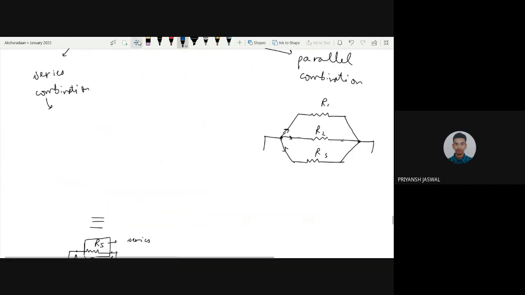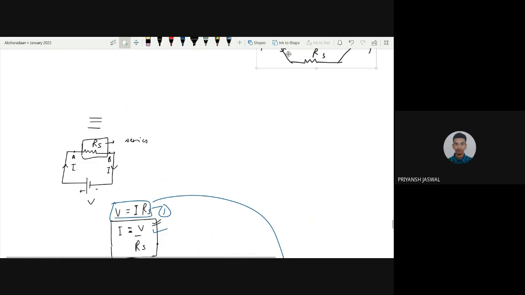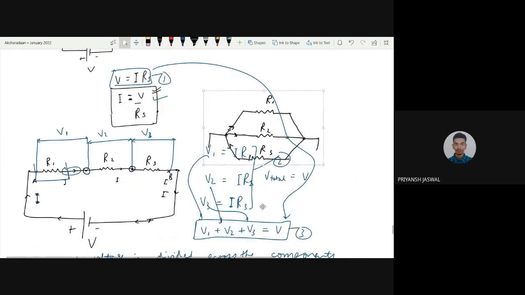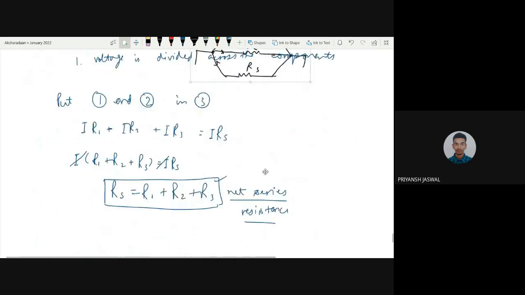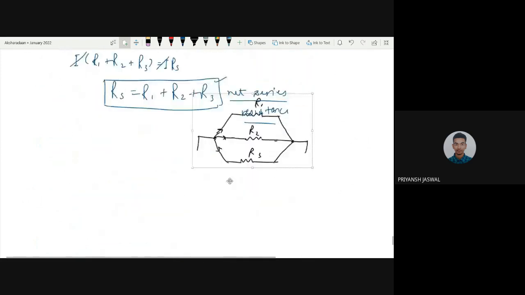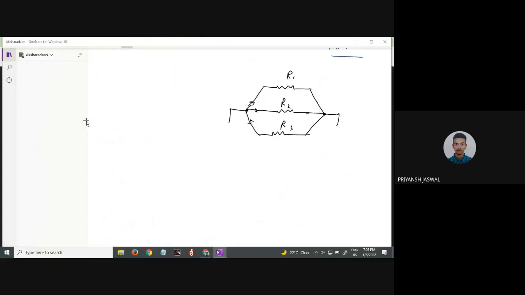The other one is the parallel combination. Actually, I have a better diagram.